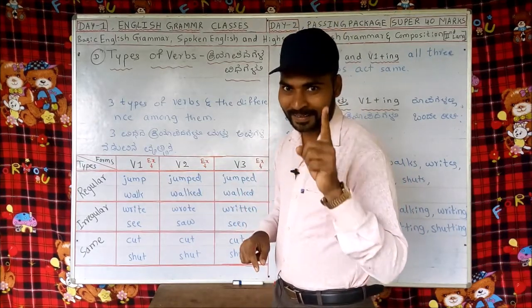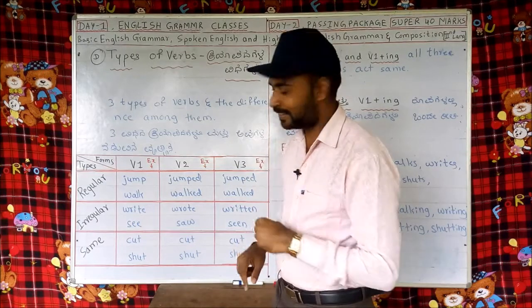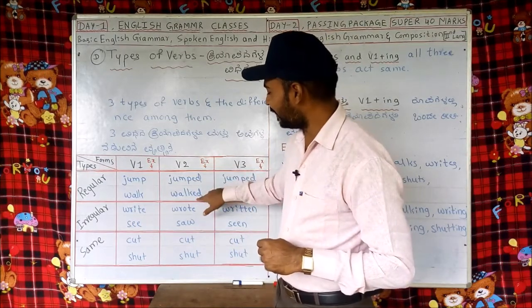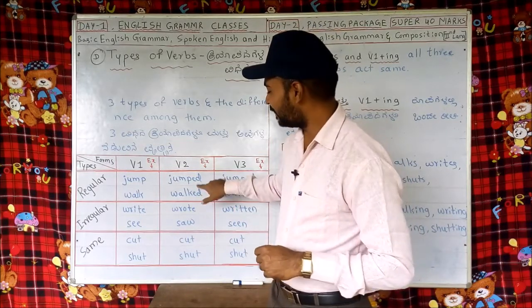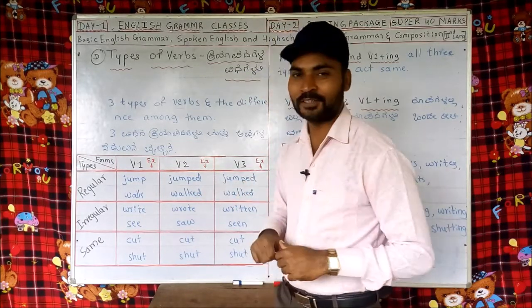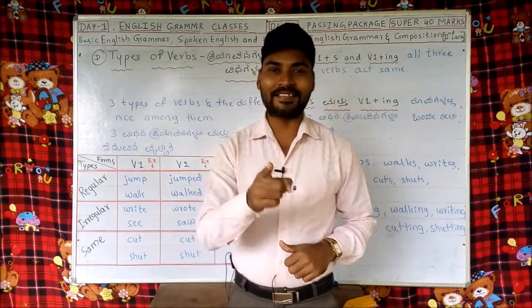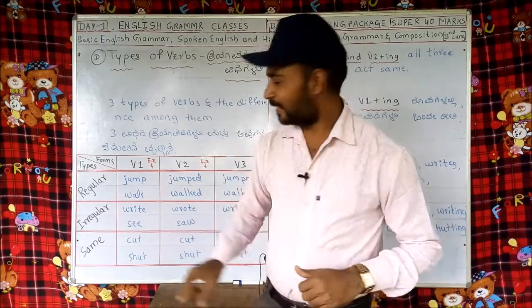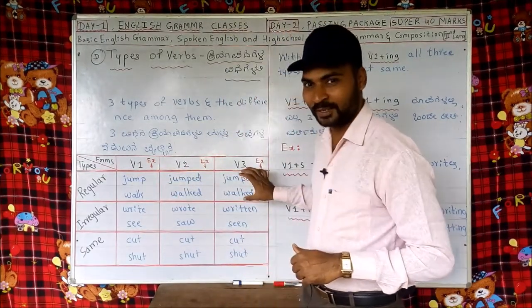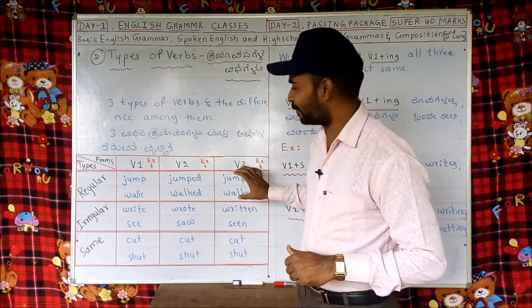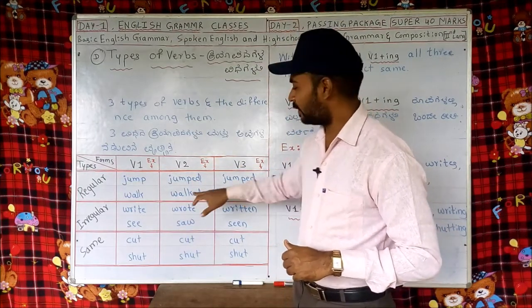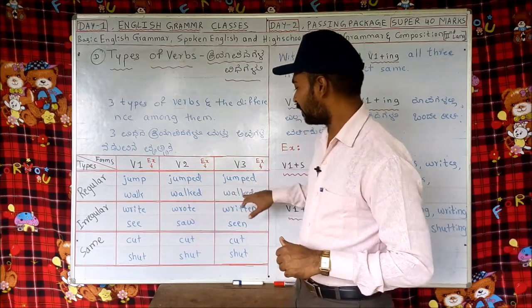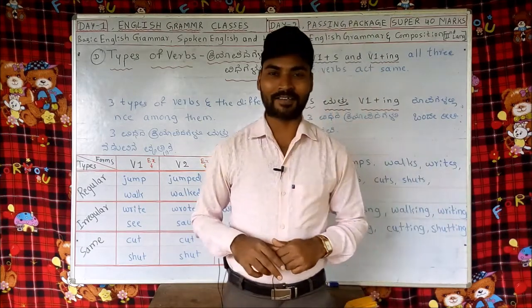Another important characteristic of a regular verb is that it takes ed as a suffix. If there is ed at the end of the verb, then we consider that this is a regular verb. There is a regularity. That is why these verbs are called regular verbs. In V2 jumped, in V3 jumped. In V2 walked, in V3 also walked.